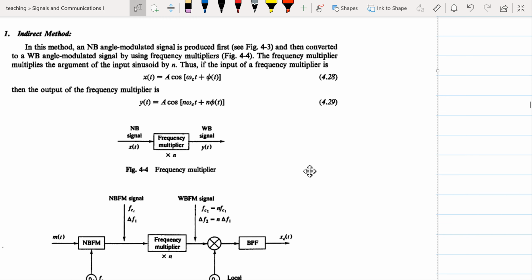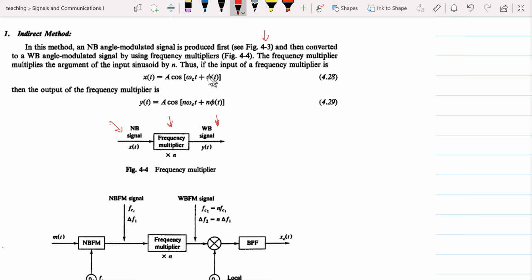What we start with is a narrowband signal that has been generated using the method that we have seen in figure 4.3. Then when you pass this through a frequency multiplier, this will produce a wideband signal.